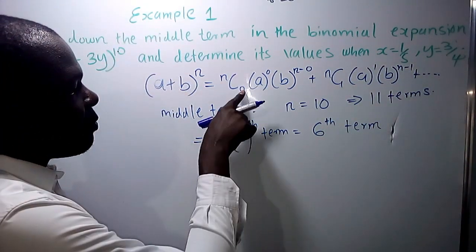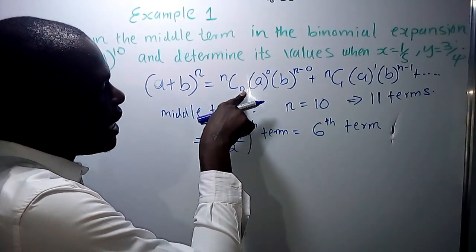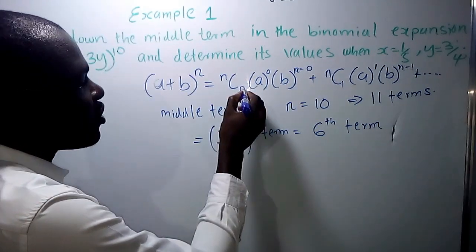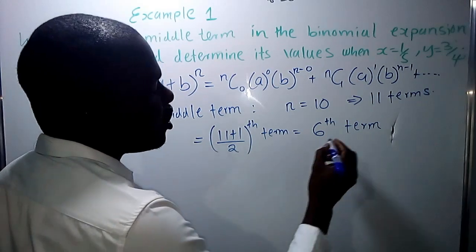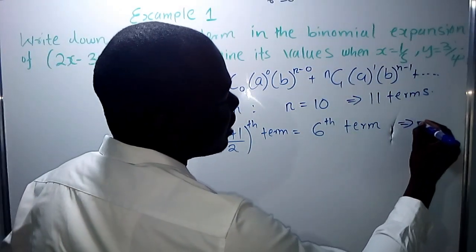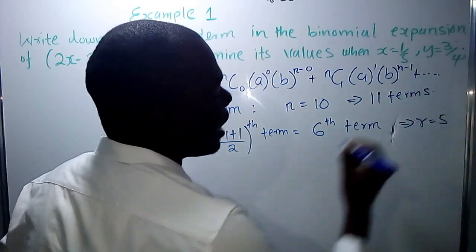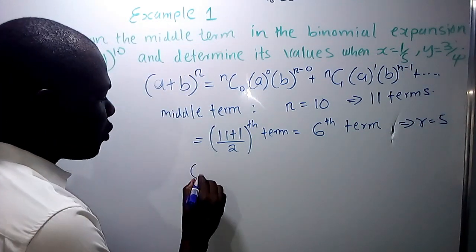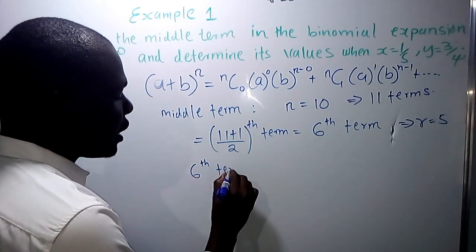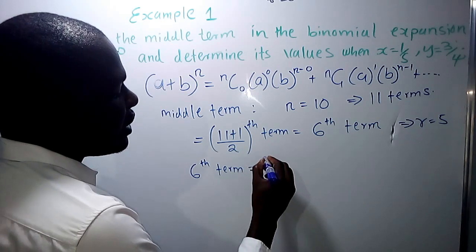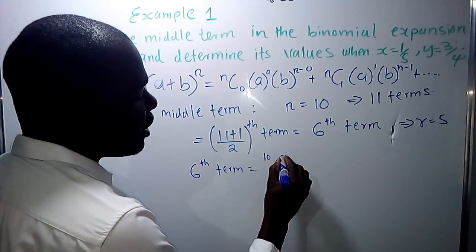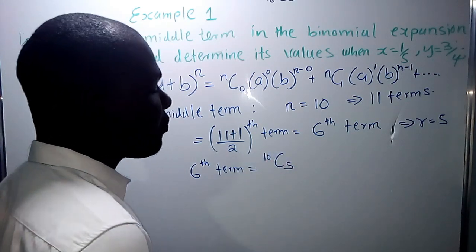So the first term, r is 0. If you have nCr, the first term r is 0, so for the 6th term r is 5. So what is the 6th term of this expansion? It is n, which is 10, combination 5.